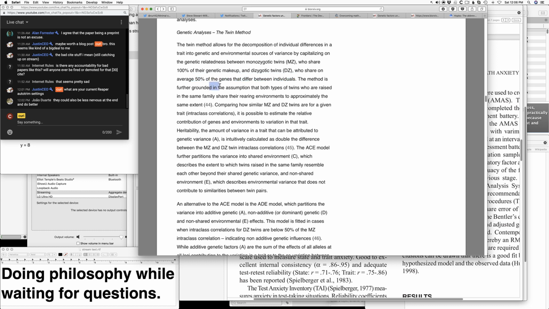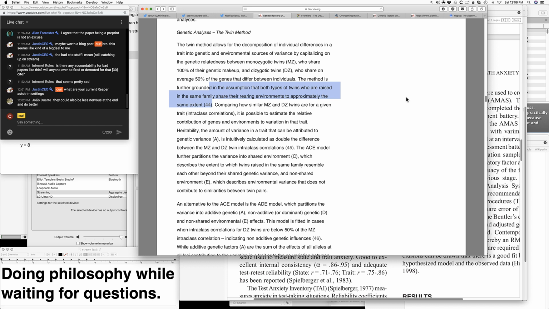Method is further grounded in the assumption that both types of twins raised in the same family share their rearing environments to approximately the same extent. So if you're raised in the same family, you're in the same environment, is their assumption, which is just false. Sometimes one kid in a family goes to a private school and one goes to a public school.